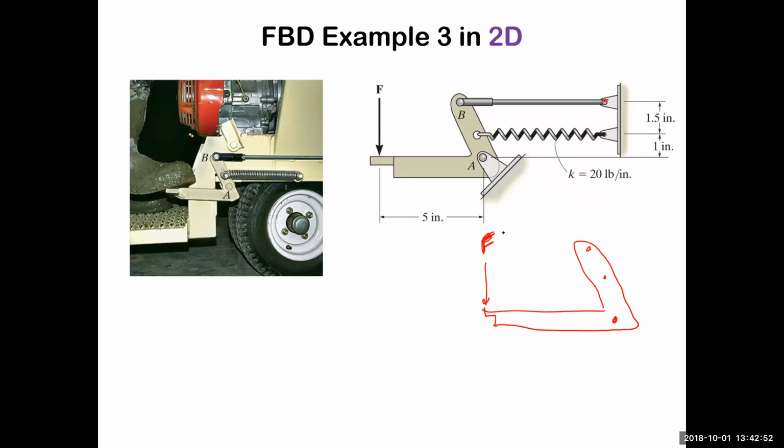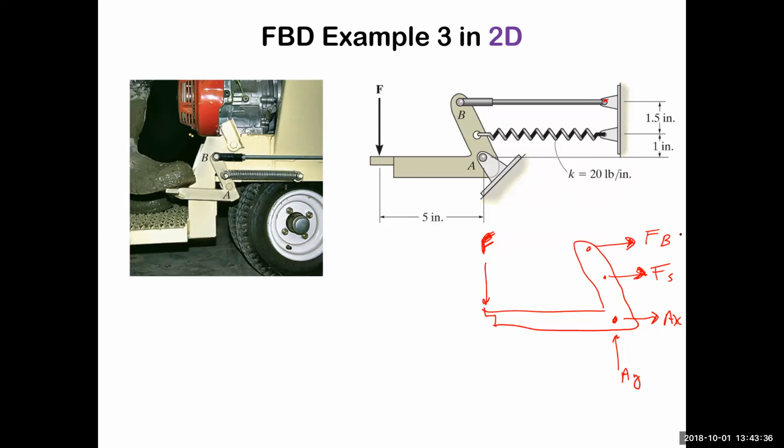The pin is going to have a vertical and a horizontal component. And then we're going to have what else? A tension force, the spring, Fs, and another tension force here, FB or TB, whatever.